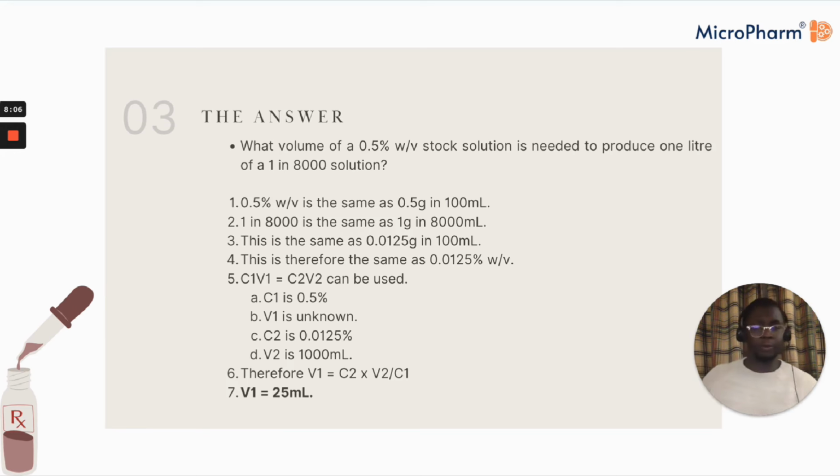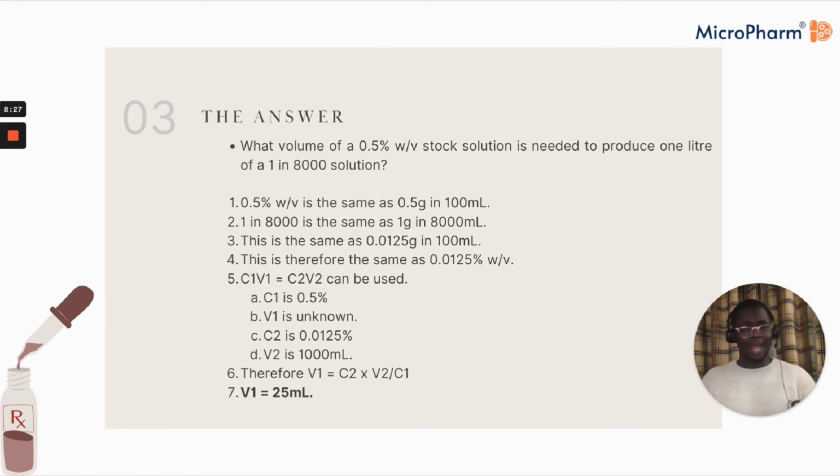C1 is 0.5, C2 is 0.0125, and V2 is 1,000 ml, because I wanted 1 litre. Also remember that your units need to be the same, so that 1 litre we're going to convert into millilitres. That gives me an answer of 25 ml. So I need 25 ml of stock solution.